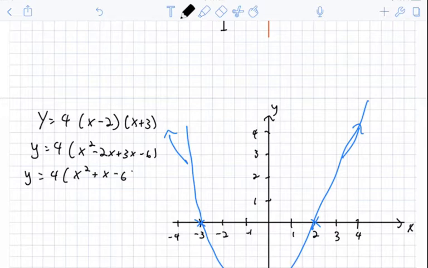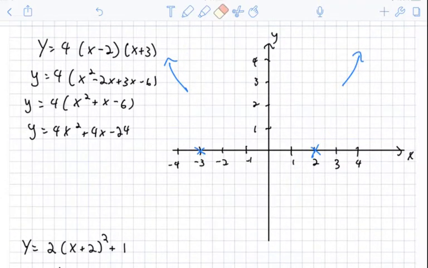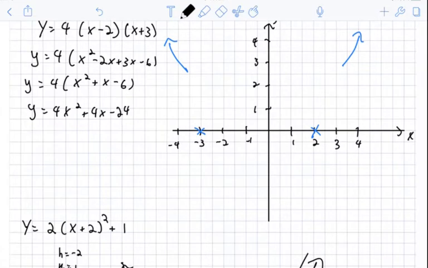So y is equal to 4x squared plus 4x minus 24. Okay. Well, already we have these 2 points, and now we have a third point here, way down here at, I guess, minus 24. And so knowing that third point is going to help us shape the graph, right? Cool.